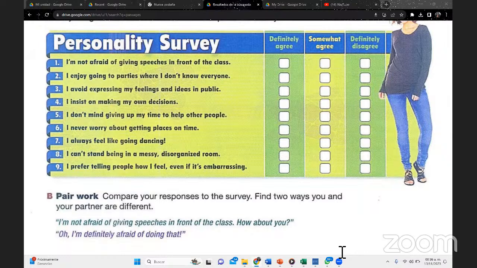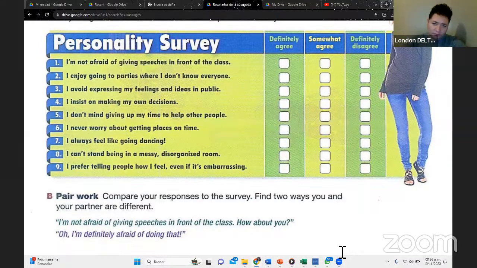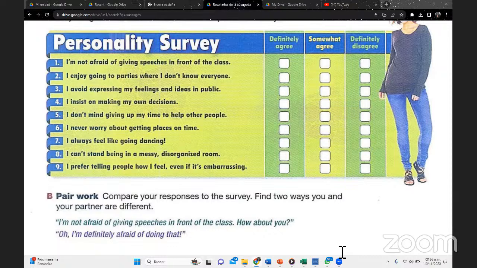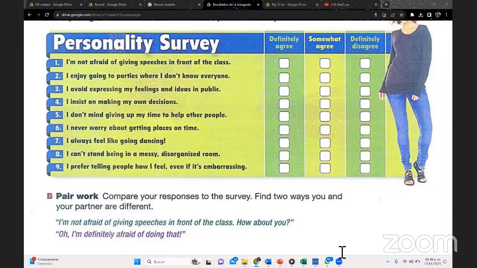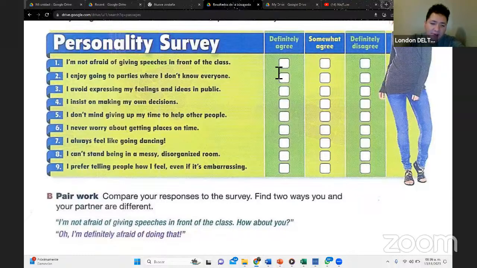Bueno, sí es. ¿Cómo puedo decir? What do you want to say? Pide cosas, o sea, pide ayuda. People ask, pedir is ask.